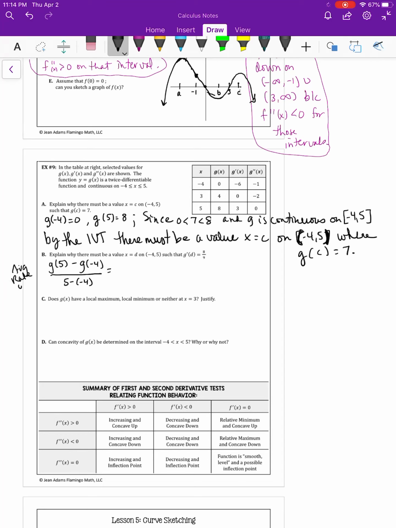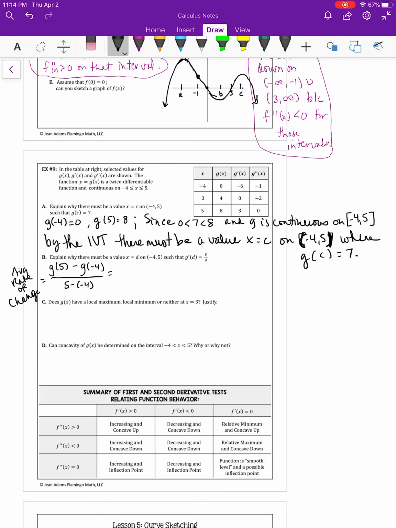Okay, that is our average rate of change from one endpoint to the other endpoint, from -4 to 5. That would be the slope of our secant line. And so when we do this, we get 8 minus 0 over 9. We get 8/9.